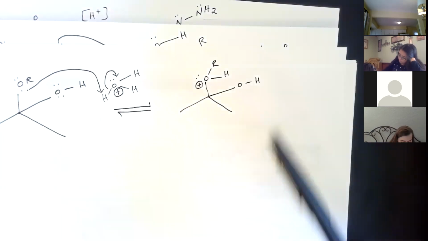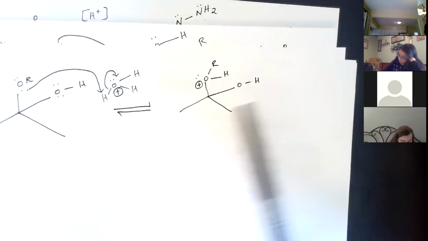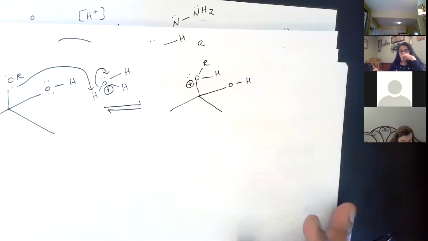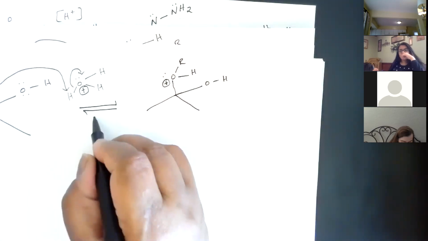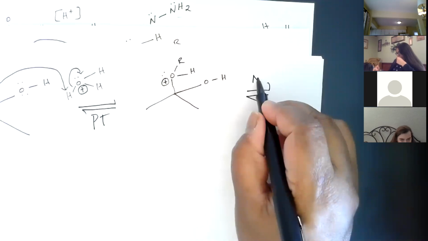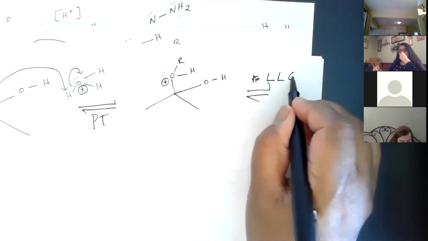Now you can ask, why not protonate that? That's why it's an equilibrium. This is going to be a slow step. There could be other side reactions. This is proton transfer followed by loss of leaving group.